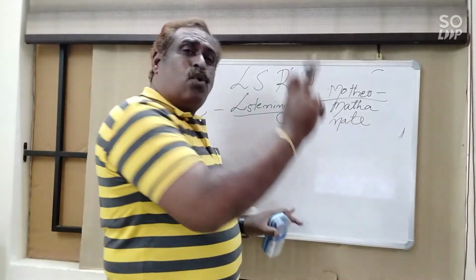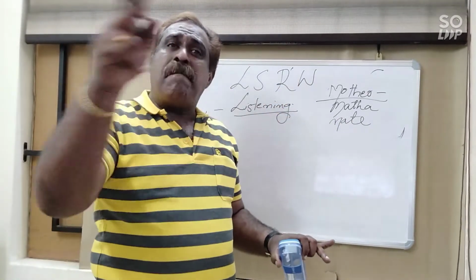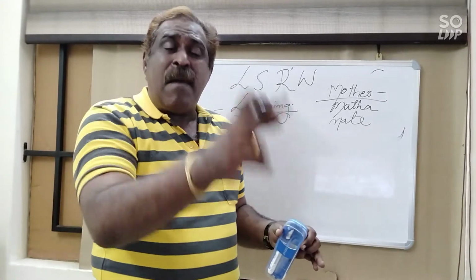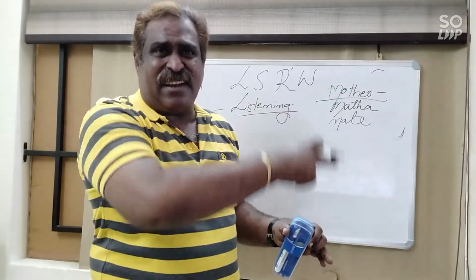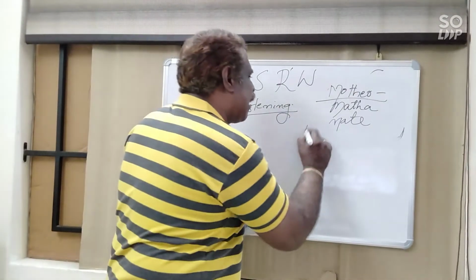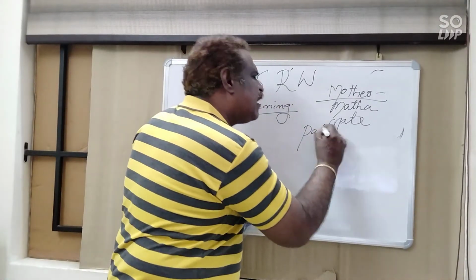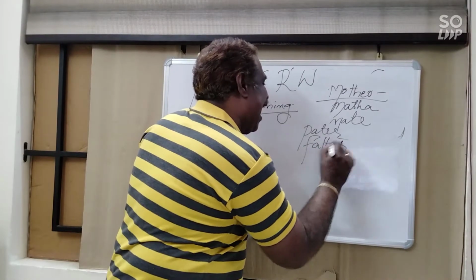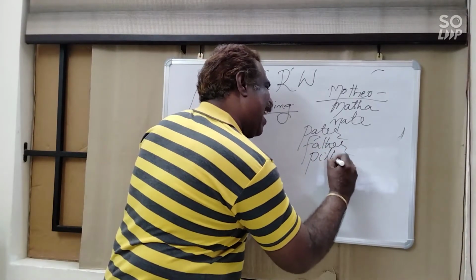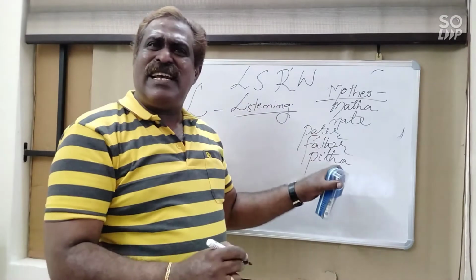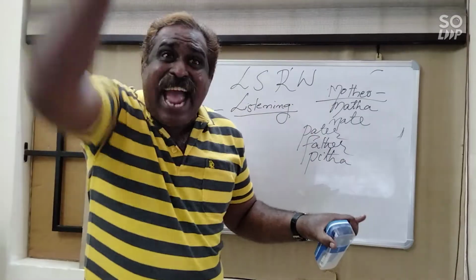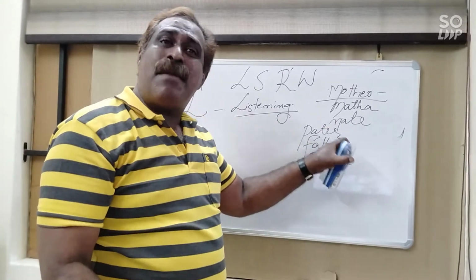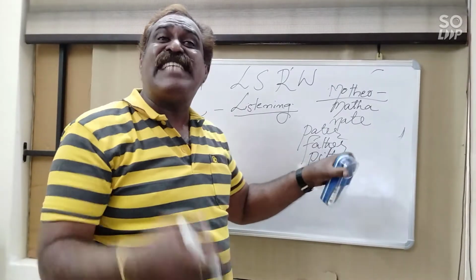So I will give you: tua mater et tuus pater sunt bone. Pater means father. Pita. So these three words from three languages: pater from Latin, father from English, pita from Sanskrit.